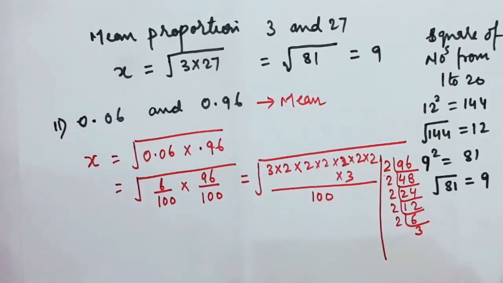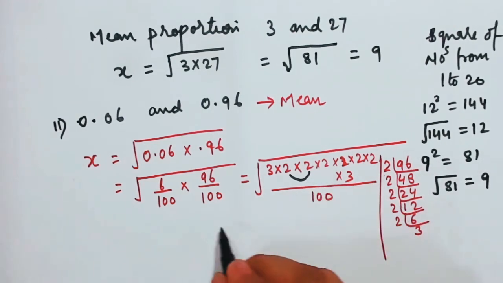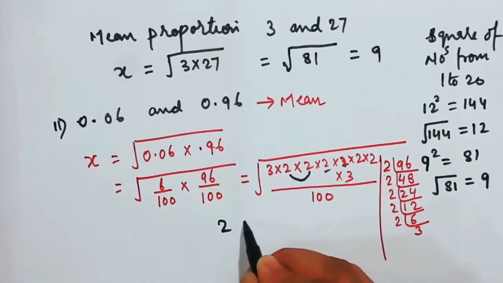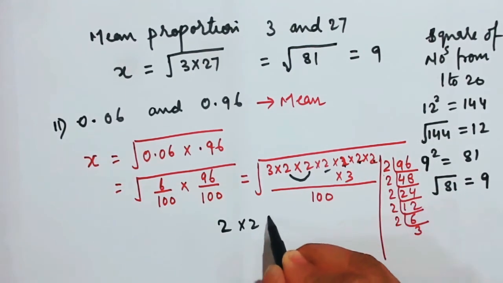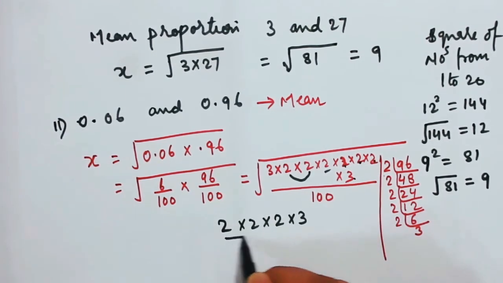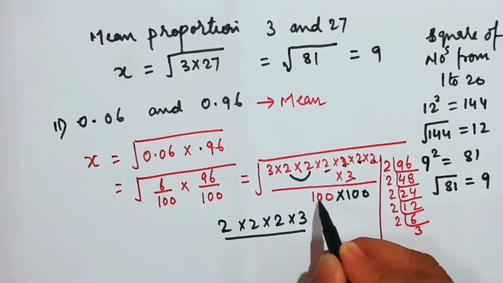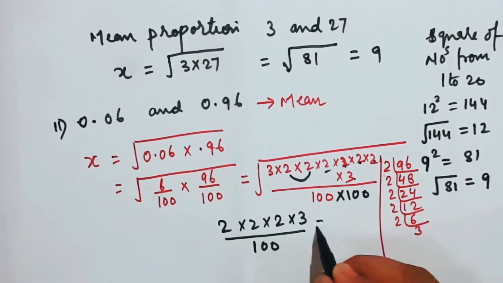What did I teach you right now? That for every two of them I will take one. For these two again I will take one 2, similarly for these two numbers again I will take one 2, and for these 2 3 I will take one of them, divided by, for these 200s I will take one 100.